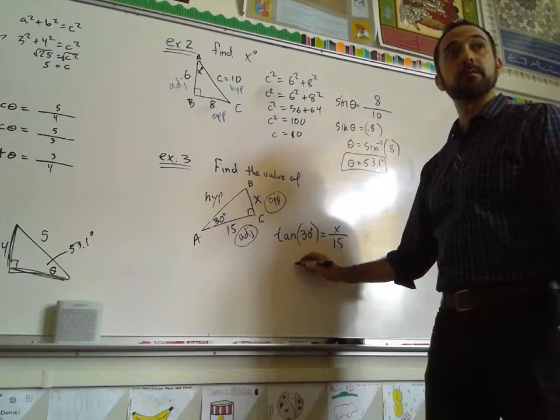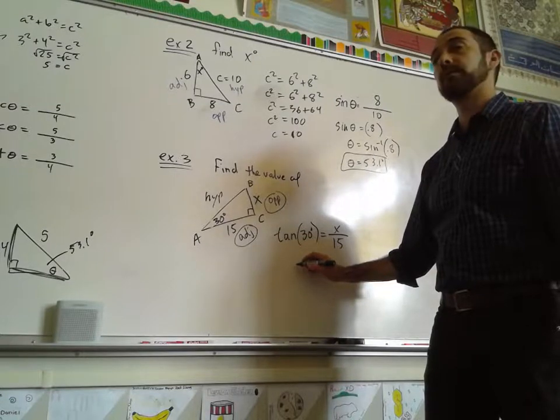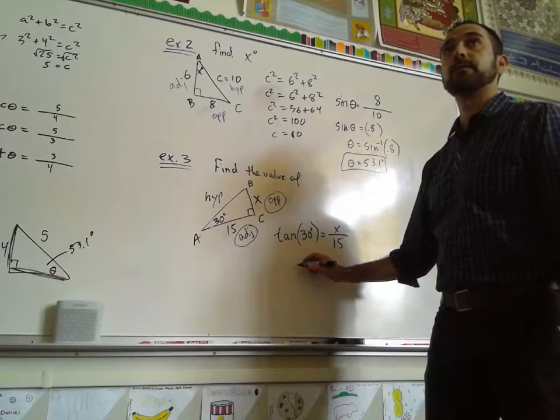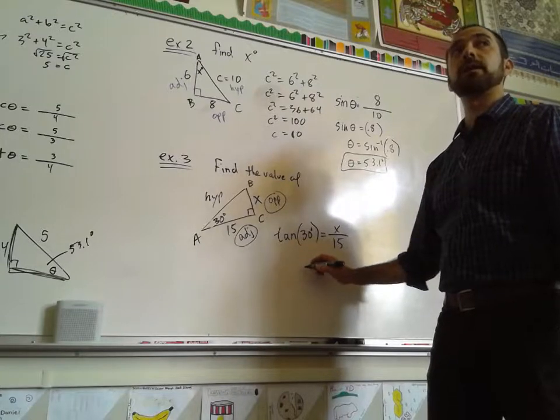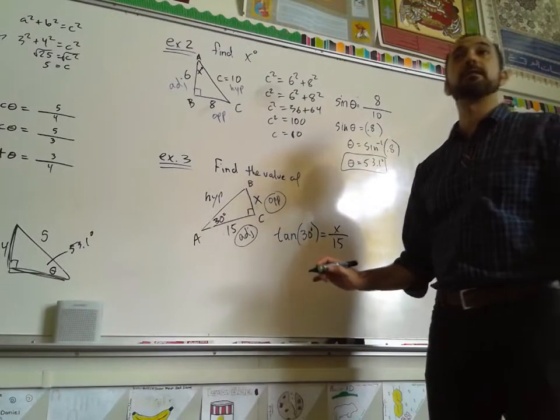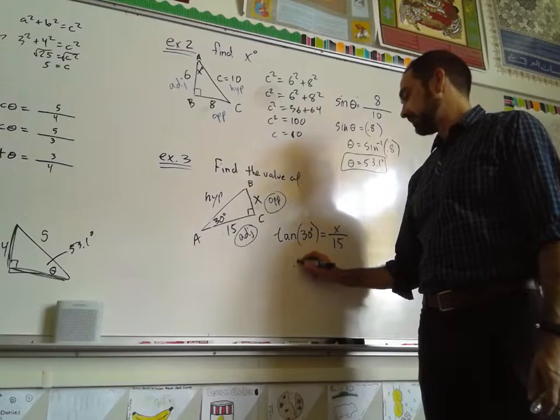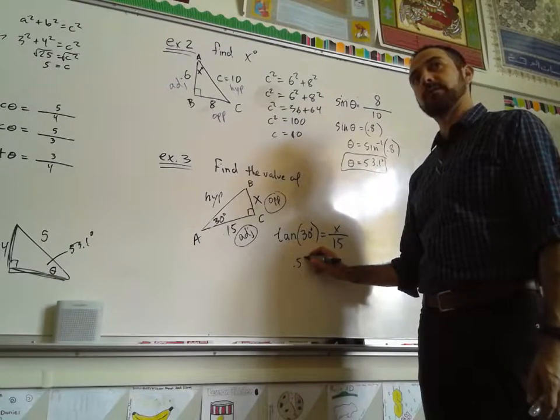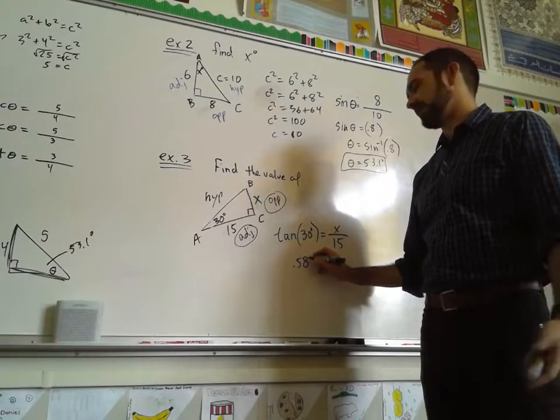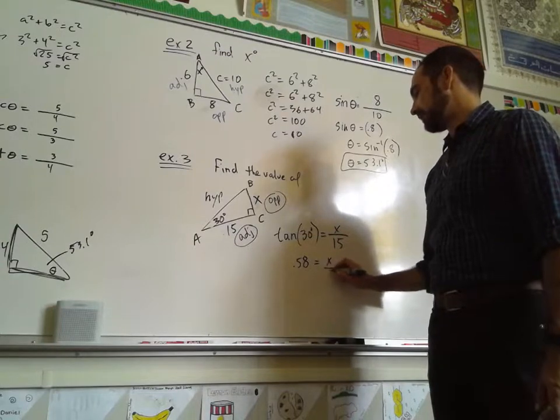Now watch. Tangent of 30 is equal to square root of 3 over 3, so it's 1 over root 3. Give me a decimal. 0.57, or 0.58 is fine for me. That equals x over 15.